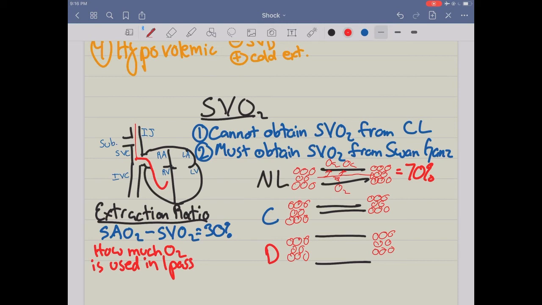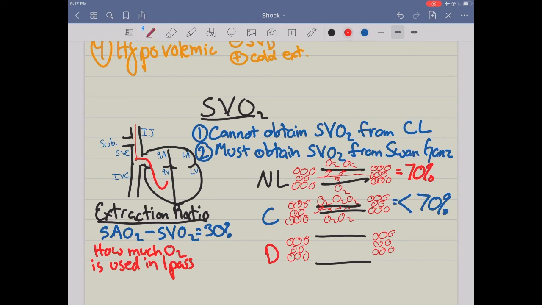In cardiogenic shock, it's a little bit different, where you have much more constricted vessels. Your muscles are oxygen starved, so you have a lot more oxygen extraction. And what ends up happening at the end of this is that your SVO2 is going to be less than 70%.